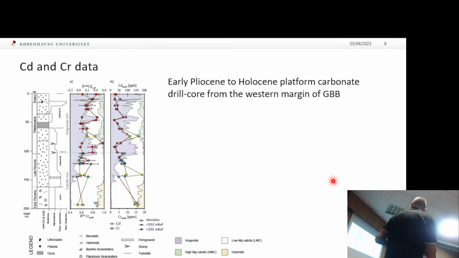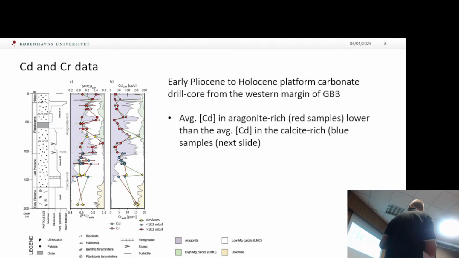The yellow ones, we don't have phosphate data from these samples, but they have rare earth elements patterns that definitely look like it could be phosphate. But it's from early Pliocene to Holocene, and it's very cold.